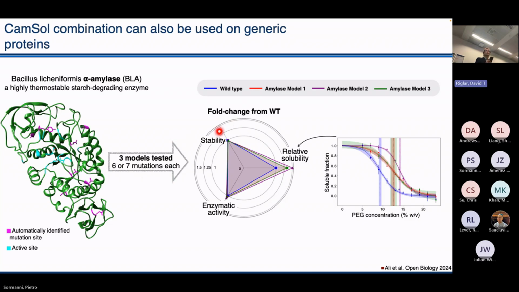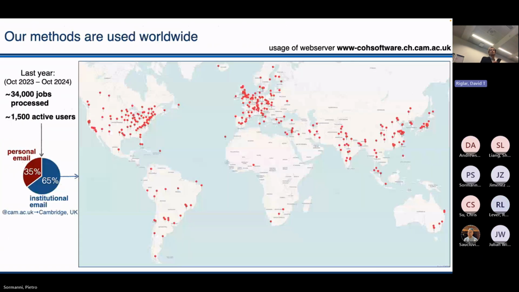We retain the hyperstability, which is incredibly hard to even measure because it's super stable. We retain the activity, maybe we improve it, but I would argue this is in the range of your batch-to-batch variability, but we massively improve the solubility. So this is a 9% improvement in this assay, which is a really substantial improvement in PEG precipitation.